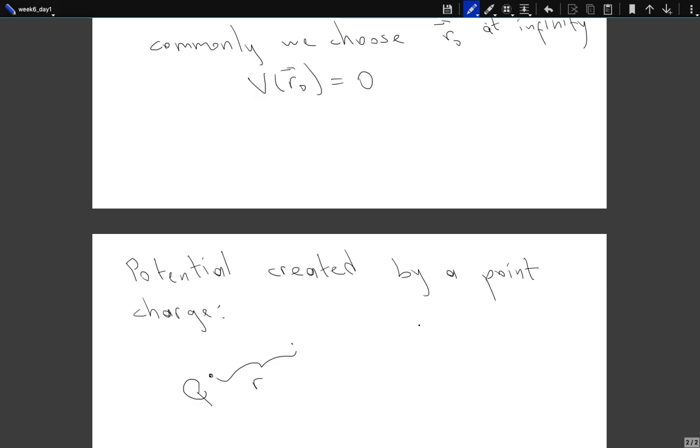Since it is independent of the path, we said that, okay, let's choose the path that makes the integral the easiest. So we just chose the radial path coming from infinity to that point. And then we determined that the potential at the point r is 1 over 4 pi epsilon 0 Q over r.